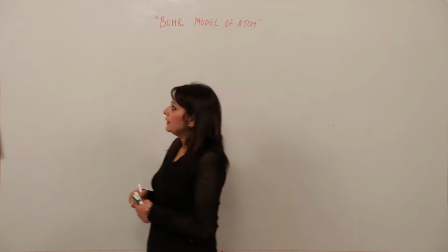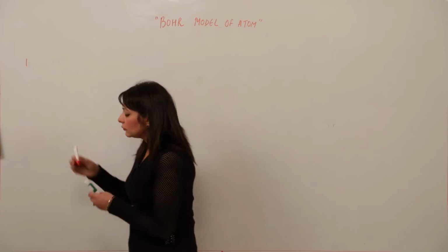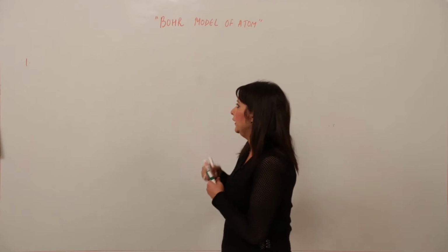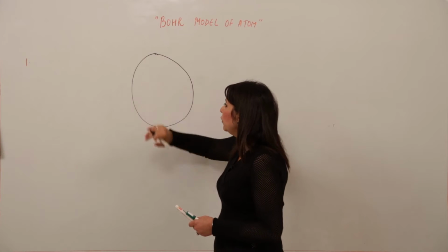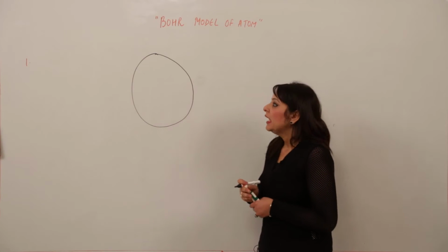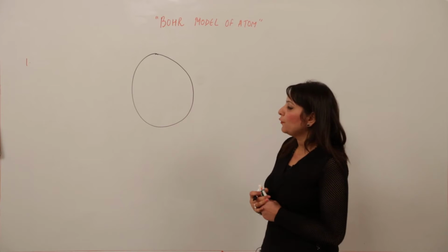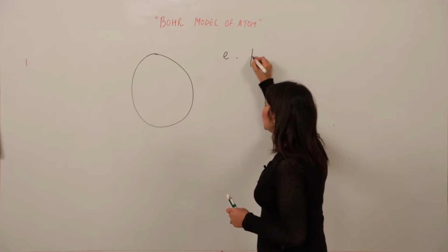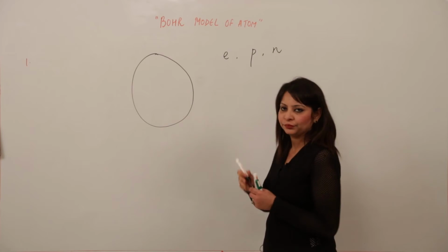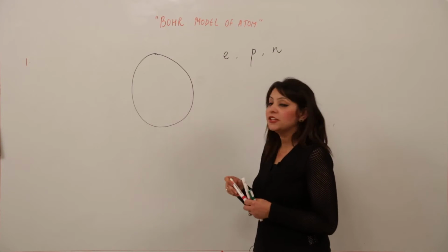See, what he said, according to him, the atom is somewhat spherical, right? And the atom is made up of subatomic particles called electron, proton and neutron. Now we will look at the charges.